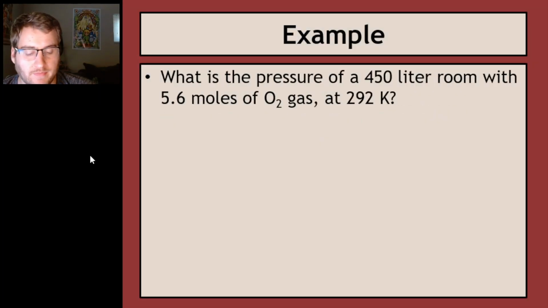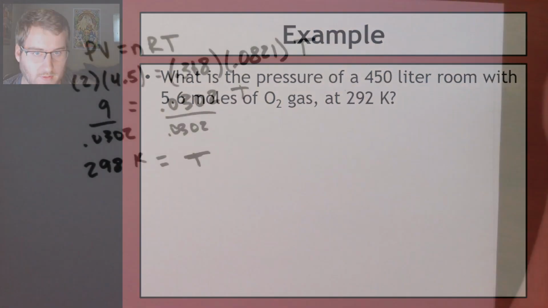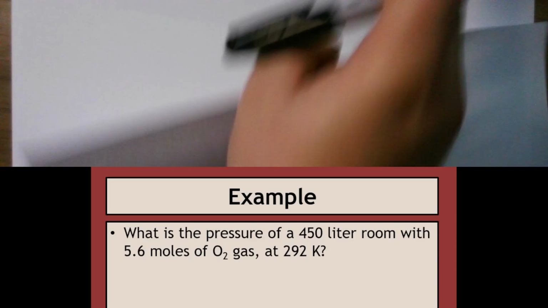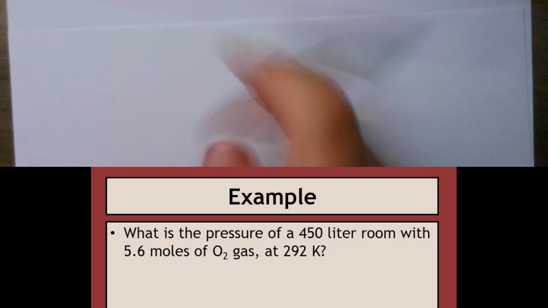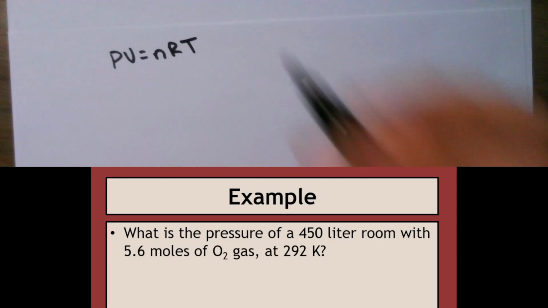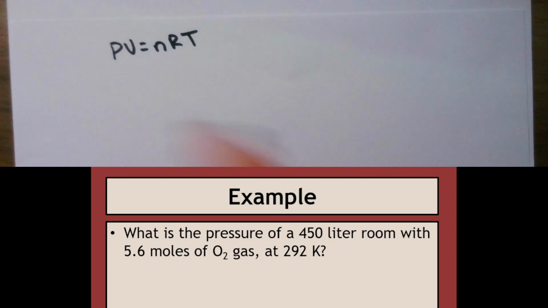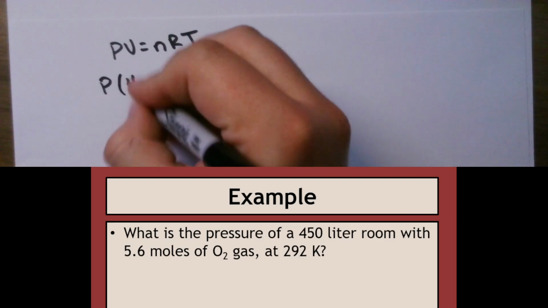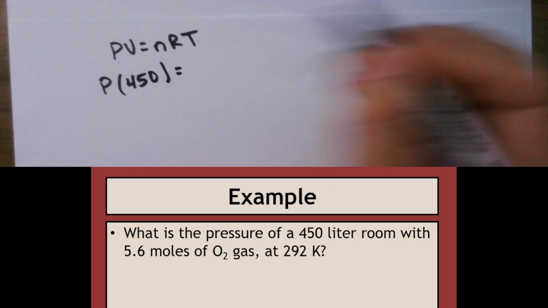My second example: what's the pressure of a 450 liter room with 5.6 moles of oxygen gas at 292 Kelvin? Again, we have PV equals nRT. I'm given 3 of these 4 quantities, so I'm going to plug in what I know. Pressure is unknown, so I'm going to leave that as P. Volume is 450 liters.